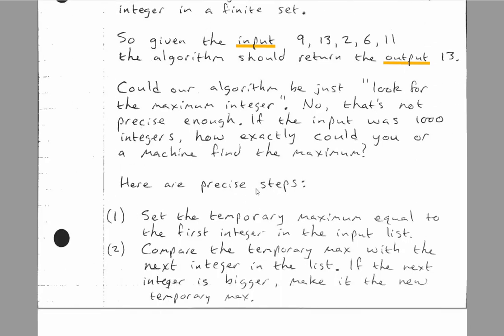Well, here's one way. Yeah, there are different ways, but a simple way is step 1. Set the temporary maximum equal to the first integer in the input list. Okay, so if we were starting with this list, our temporary maximum would be 9. Step 2, compare the temporary maximum with the next integer in the list.